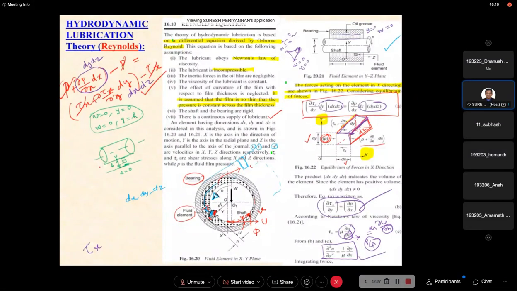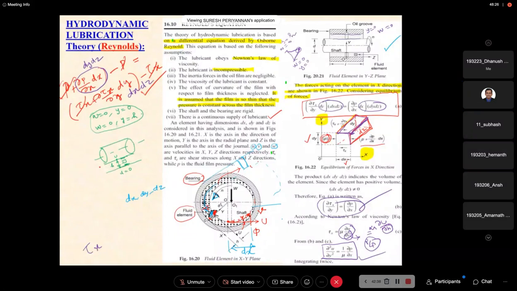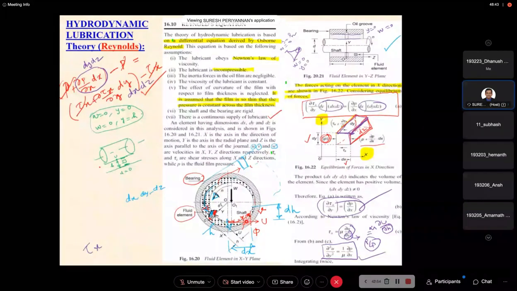What is the dimension here? The dimension here is dx. What is the dimension here? dh. Now this is h. Sorry, this is h now. From here to here is h, but this dimension I am considering is dh.